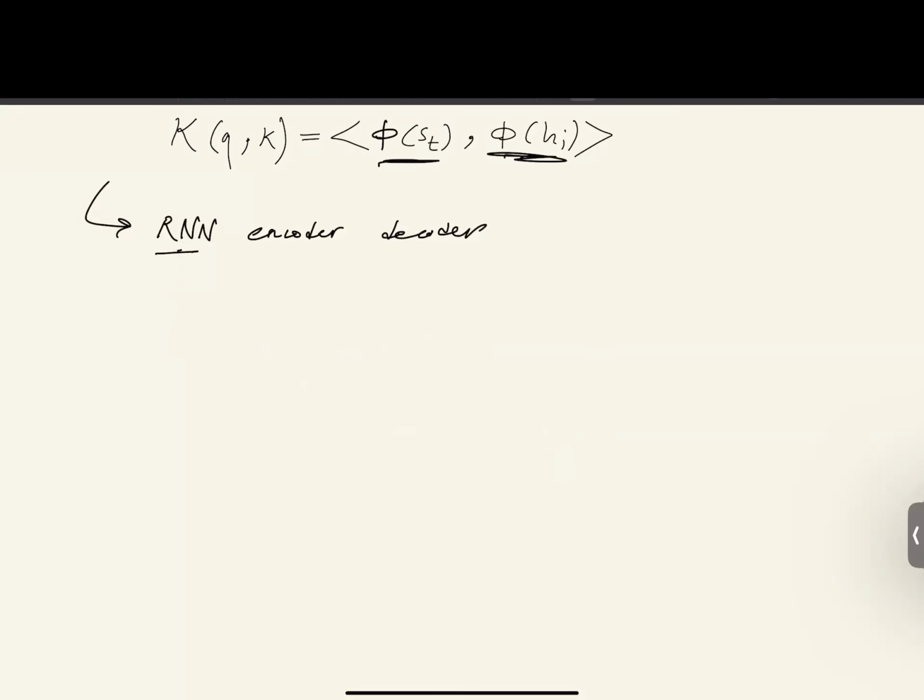Okay, so let's go back to our seq-to-seq RNN, where we had some type of RNN layer. We had several activations within the RNN that add nonlinearity to the encoder and decoder states.